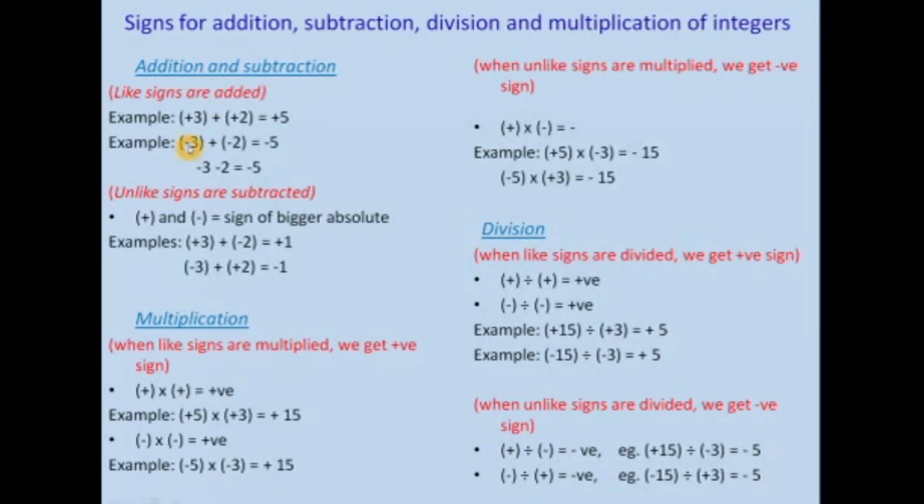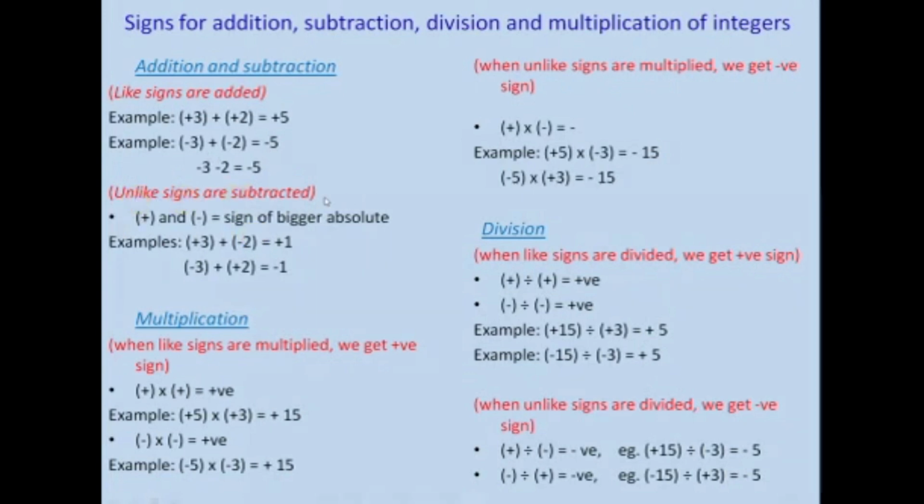And -3 and -2 are like signs, both of them are minus, so we add them, and the answer is -5. We are taking the common sign, minus.